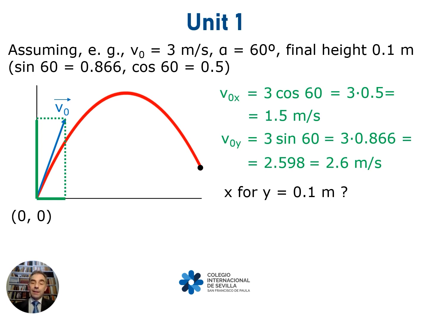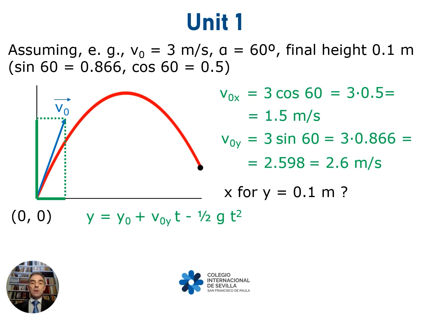In order to find that, we need to make a previous step, which is calculating the time it takes to reach that point. Therefore, we will rephrase the question as: what is the time taken by the jet to go from height 0, which is the origin, to height 0.1 with a uniformly accelerated rectilinear motion, which is the kind of movement we have along the y-axis.